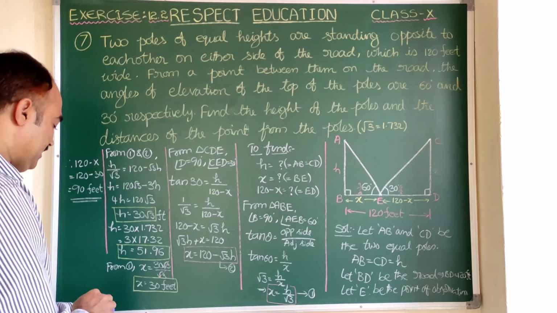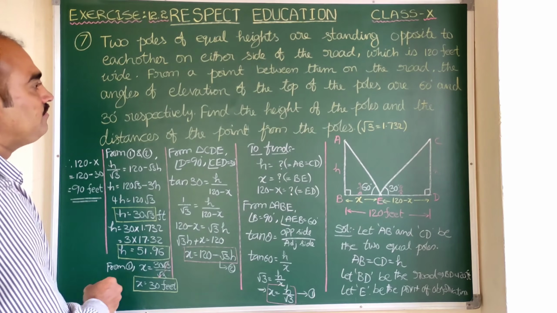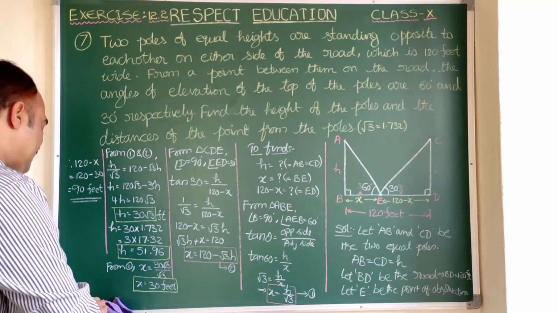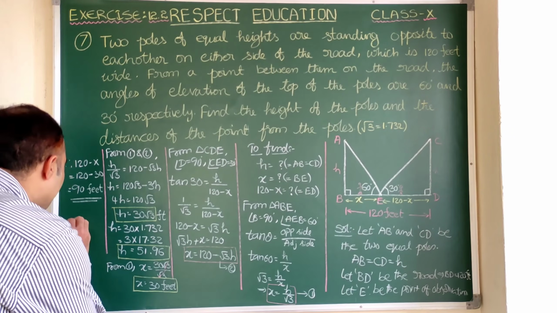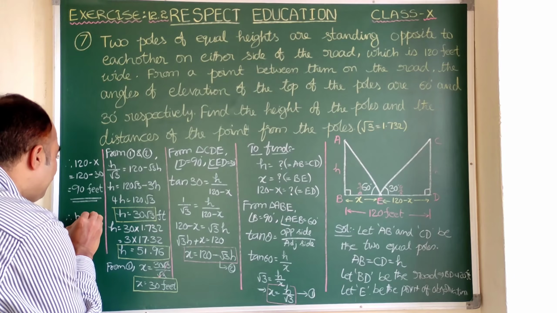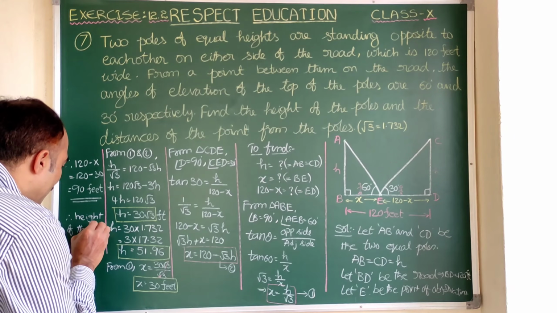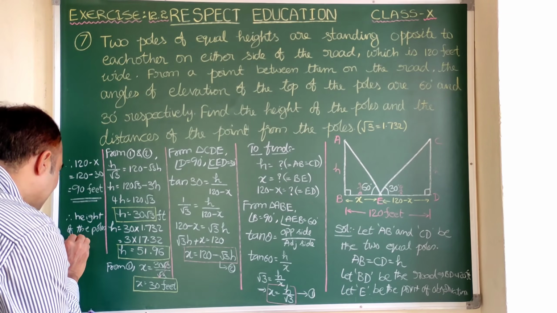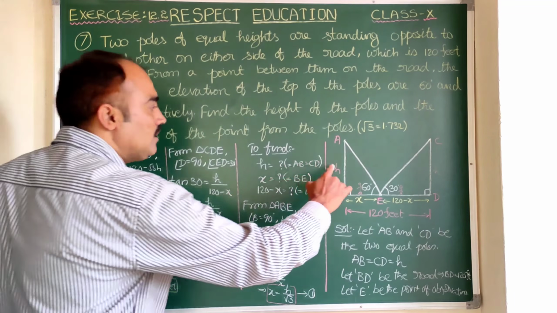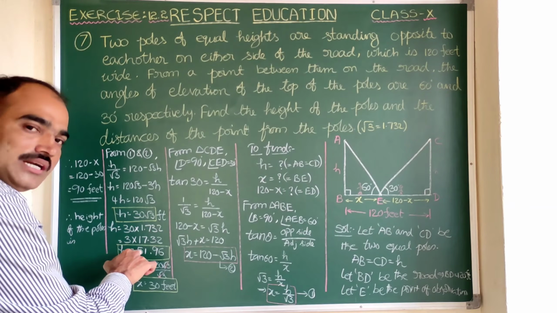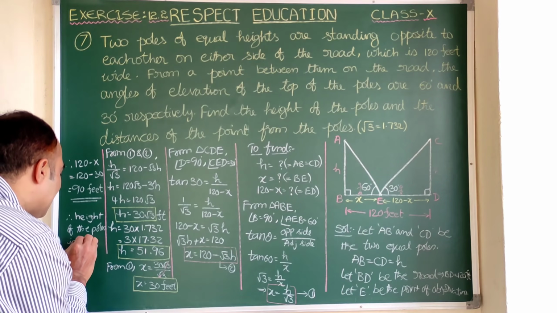Now let us conclude the problem, to find the height of the poles. Since both of them are of equal height, the height of the poles is 30 root 3, which on simplification we get as 51.96 feet.